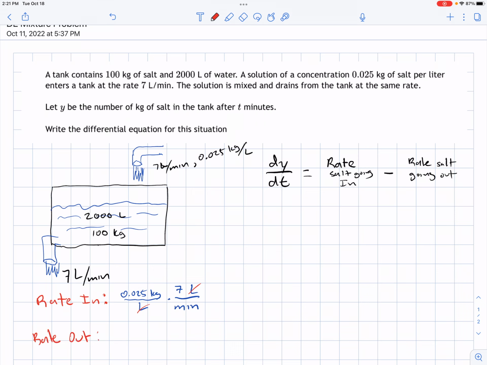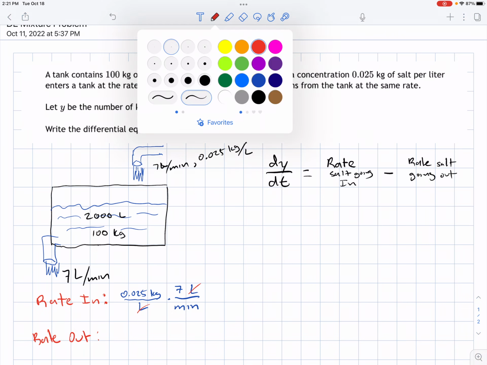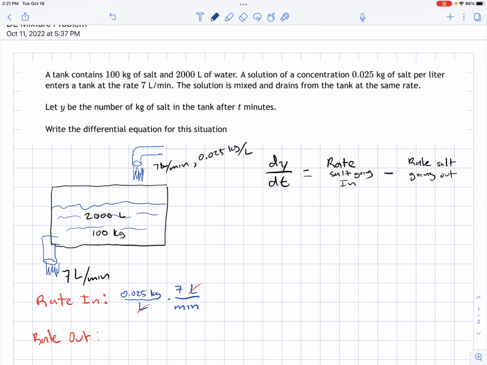In a similar process, we know we want the rate out to, again, be in terms of kilograms per minute. And we do know it's leaving at the same rate. The fluid is leaving the tank at 7 liters per minute.